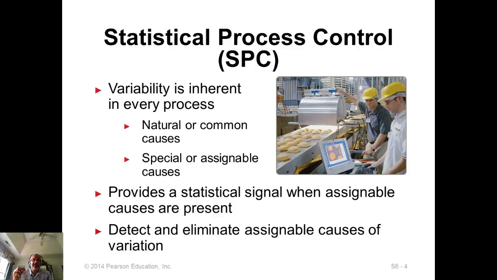There's going to be slight variability from box to box. That is called natural or common causes variability, variability that is attributable to natural variations.